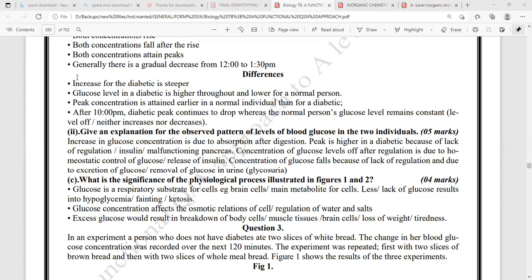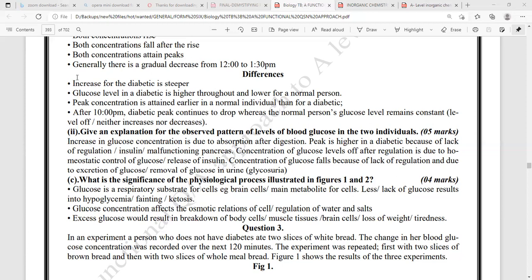If there is lack of glucose, it results in hypoglycemia, fainting or ketosis because the body lacks energy. We are also looking at glucose concentration affecting the osmotic relations of cells, or regulation of water and salts.